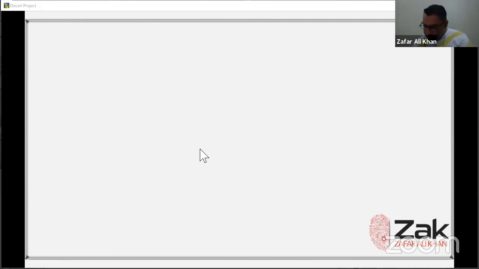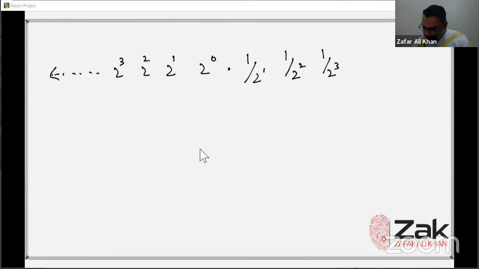Now, if we take it with respect to base 2, the point is there. So this is 2 to power 0, 2 to power 1, 2 to power 2, 2 to power 3, and this goes on towards the left side. And if it is on the right side, then this is 1 over 2 to power 1, 1 over 2 to power 2, 1 over 2 to power 3, 1 over 2 to power 4, and this goes further.